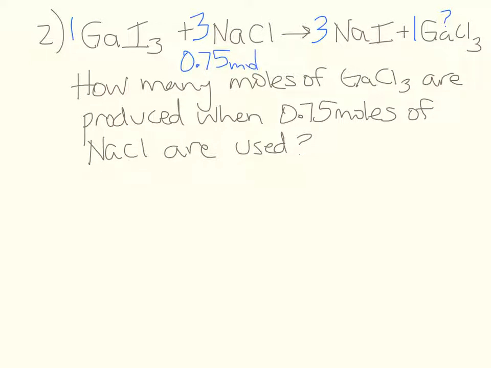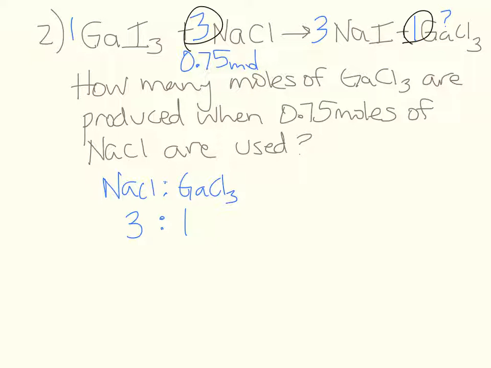According to our recipe, what's the ratio of sodium chloride to gallium chloride? We look at the coefficients. We have a 3 in front of the NaCl and a 1 in front of gallium chloride. So our ratio is a 3:1 ratio.